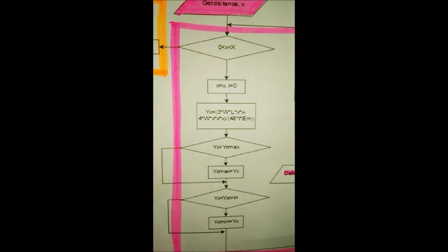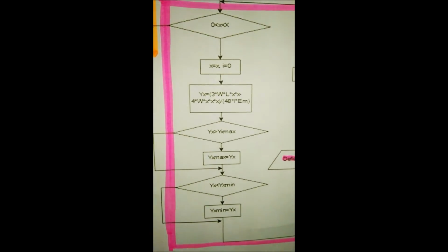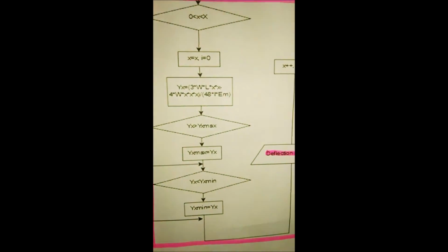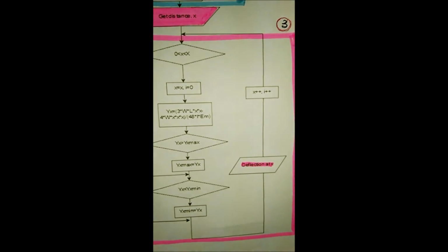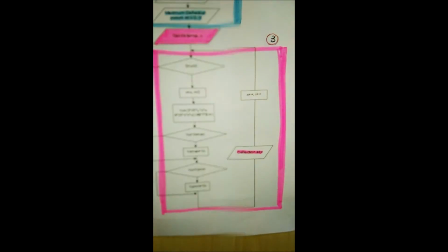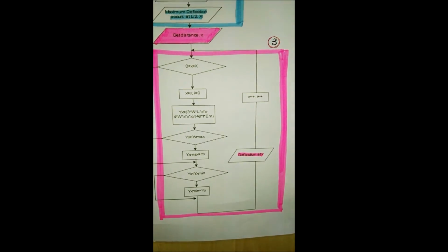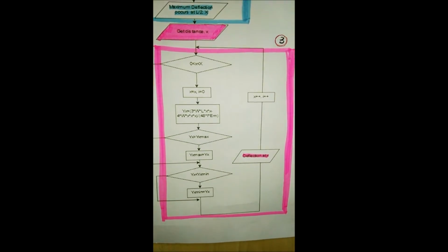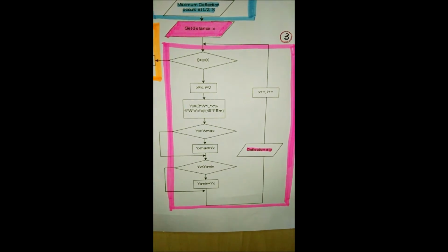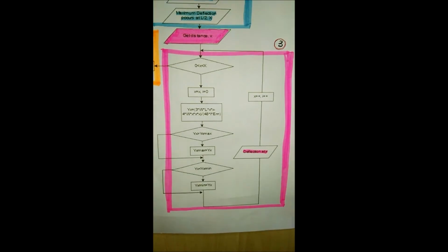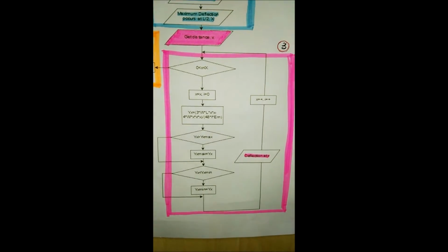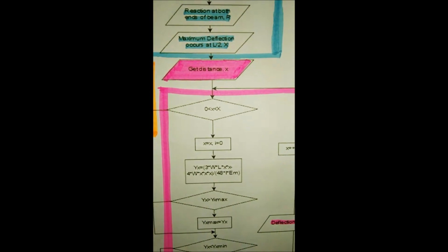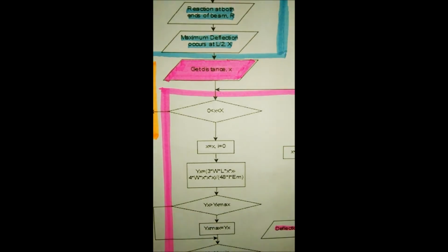If it satisfies the conditions, it will print the deflection at the particular point before it loops back, with increment for X, which gives the deflection points, as well as the iteration. It will continue to loop until it no longer satisfies the condition, which is X is between 0 and big X, the point where the maximum deflection occurs.